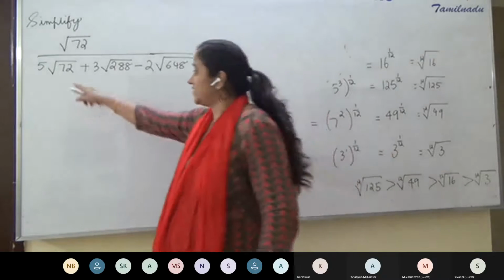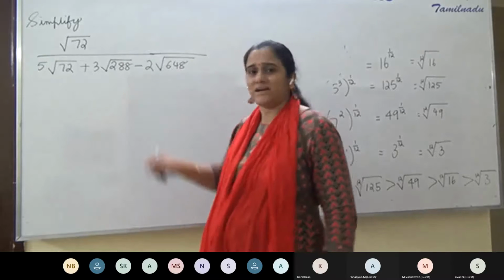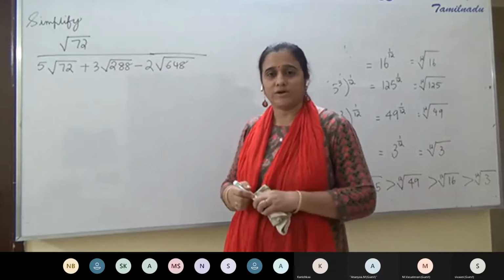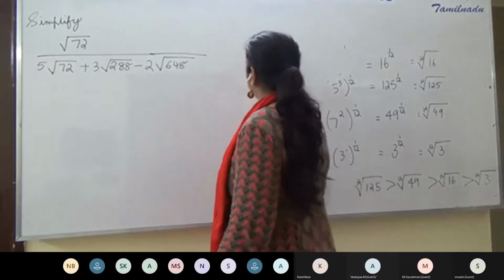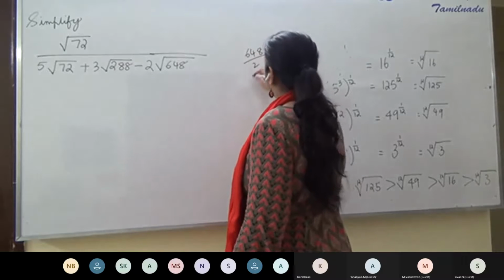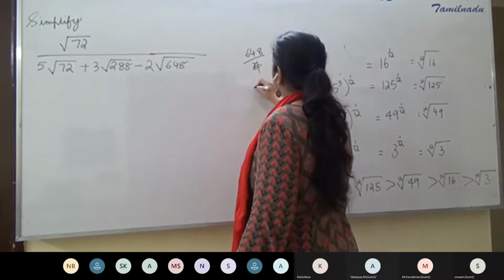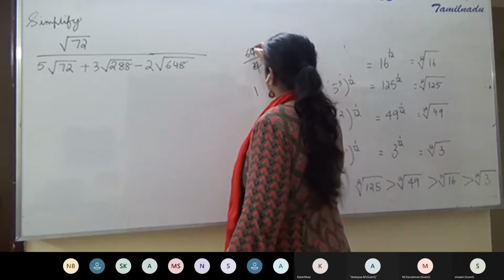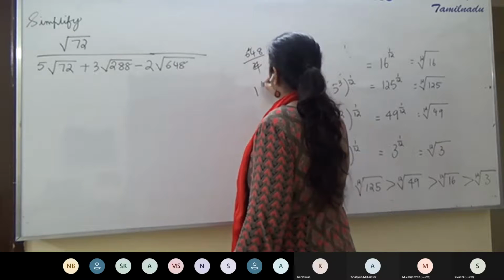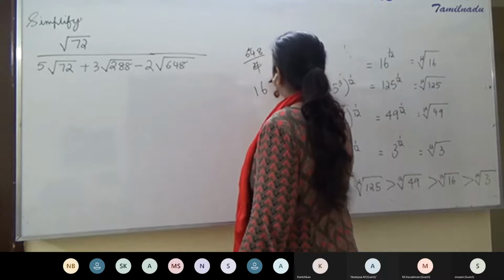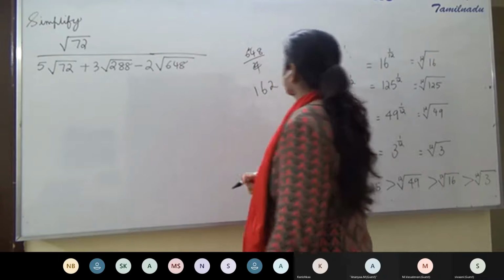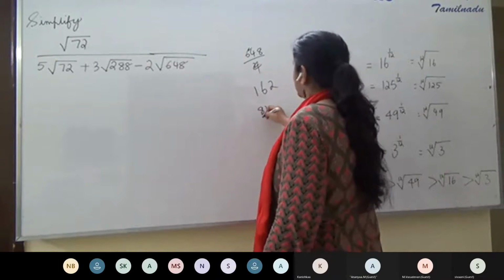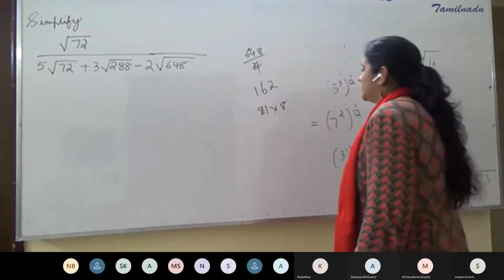Again, 72 is 36 into 2. 288 is 144 into 2. And 648, you can just divide by 2 and check. Just divide by 2. What do you get? Or divide by 4. So what do you get? Division is difficult for me. Is this correct? Yes, then it's going to be 81 into 8, if I'm right.